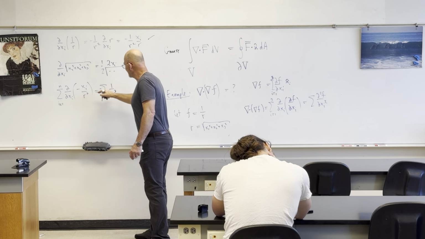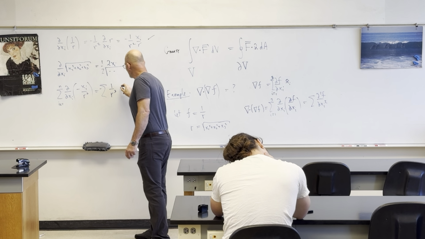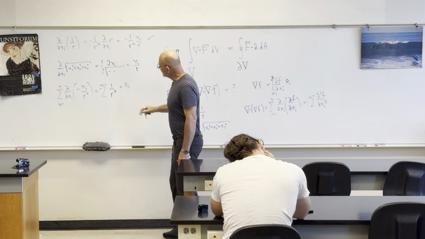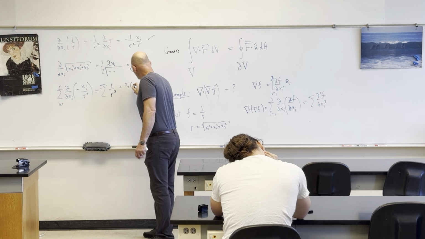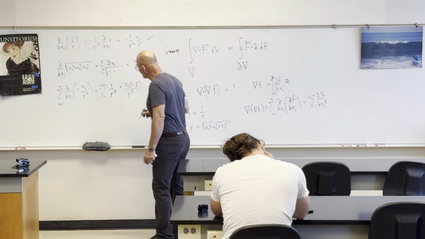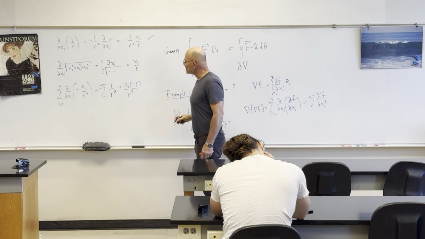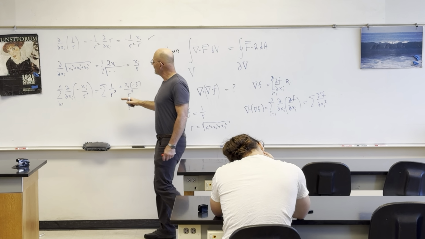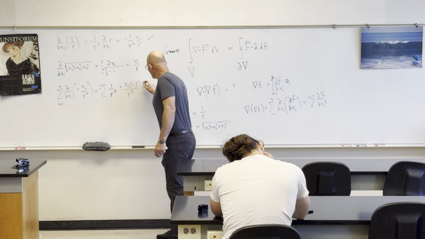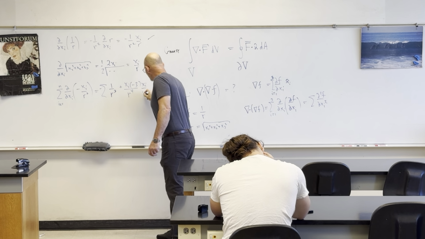And the second part of the product rule here, we're going to have plus x_i. We've got a negative 3 power, so we're going to have minus 3 over r to the 4th. And then we again have the chain rule that we just did right here. So we're going to get another x_i divided by r.